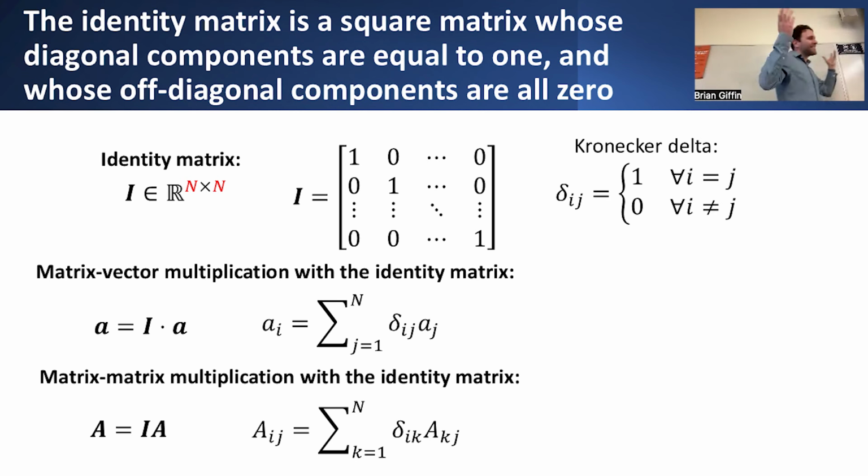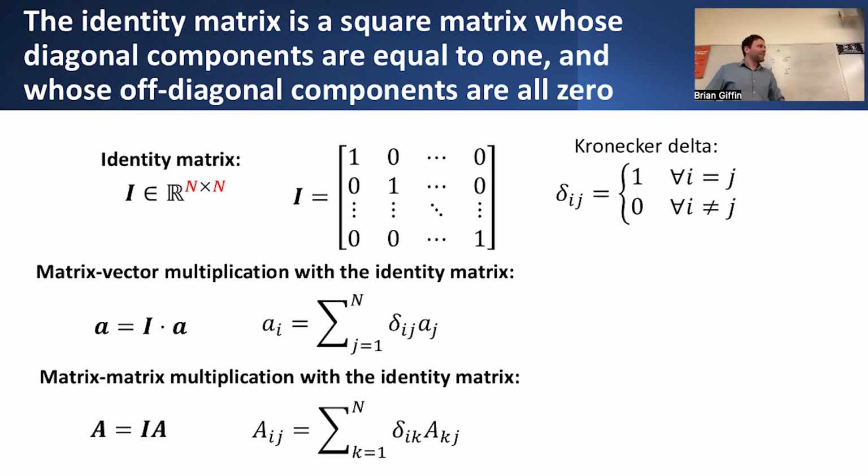It's nothing more than a representation for these indices in the identity matrix. If i and j are equal to one another, in other words, if I'm talking about the diagonal entries, all of those diagonal entries should be equal to 1. Otherwise, if I'm talking about any of the off-diagonal components, where the indices i and j are not equal to one another, then those entries are equal to 0.